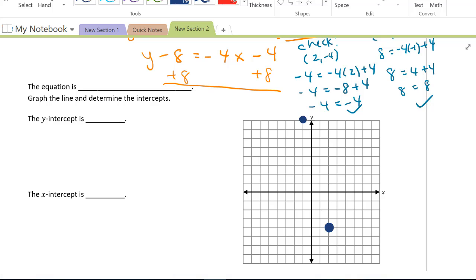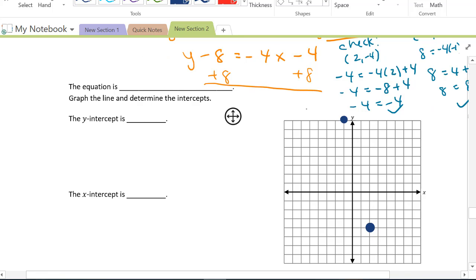And let's connect the dots. Again, try to do it accurately using a ruler or something. I don't have a ruler on my computer, so obviously I can't. But you try to use a ruler. Close enough, I think.